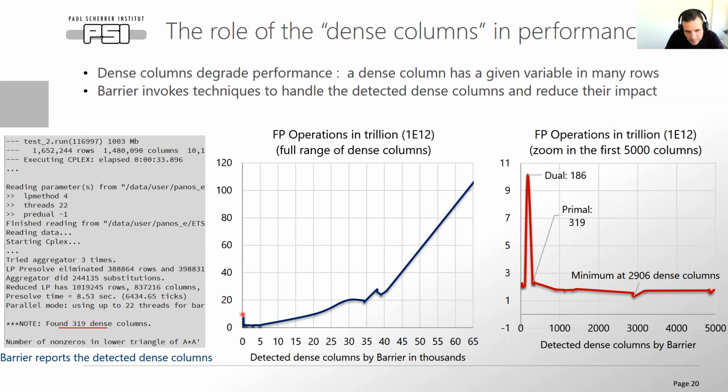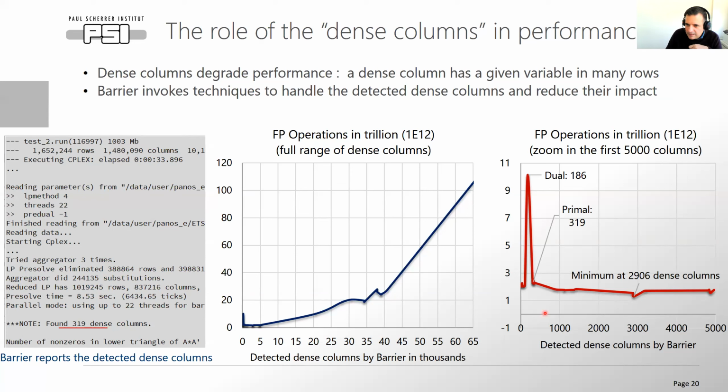We have some ups and downs very early in the beginning, for a small number of columns. Then as the number of dense columns detected by barrier increases, the floating point operations also increase, which immediately implies that the solution time will increase. So it's important to explore this area.